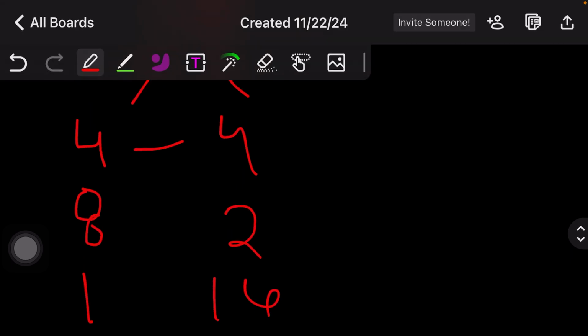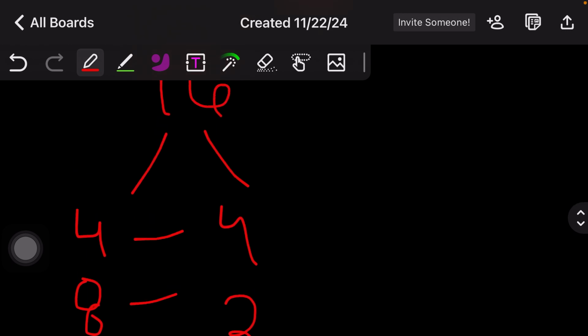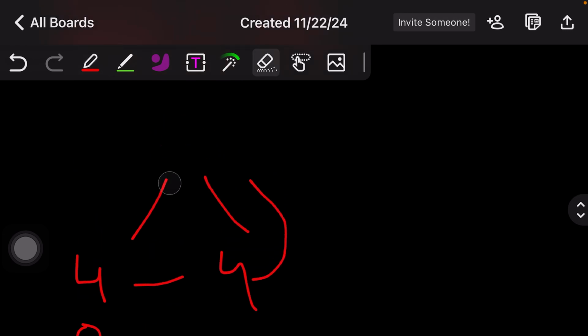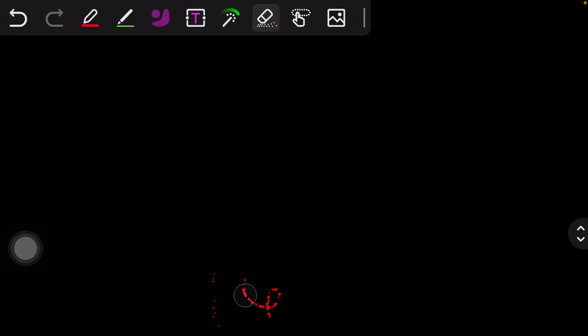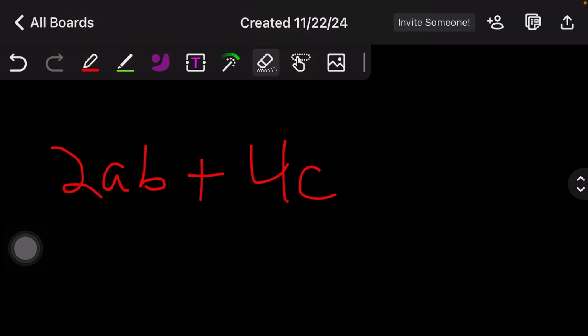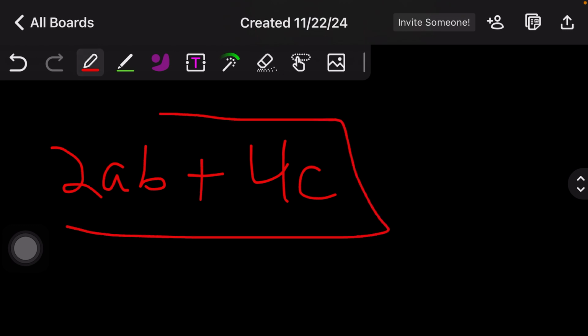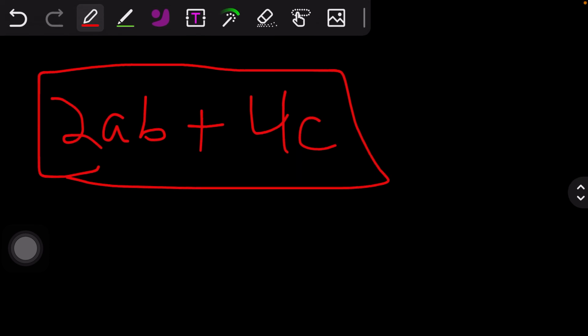All of these are factors that give you 16, right? The same thing is true with algebraic expressions like binomials. This whole thing would be like the number 16, and we're trying to figure out what we can multiply to get this expression. That's what factoring is all about.